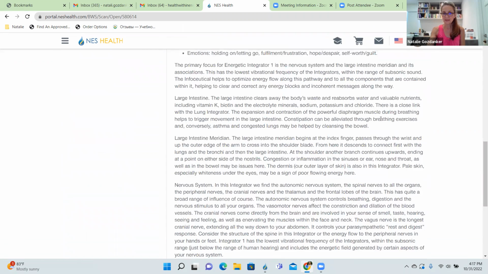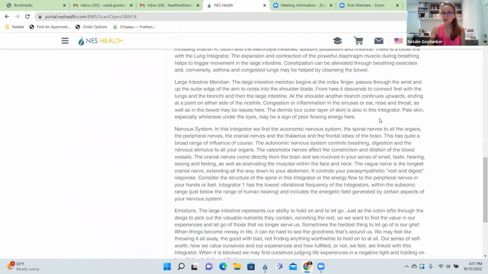So the nervous system, probably mostly the autonomic nervous system, controls involuntary functions of the body, like we talked about breathing, but also digestion and nervous stimulus to all organs.